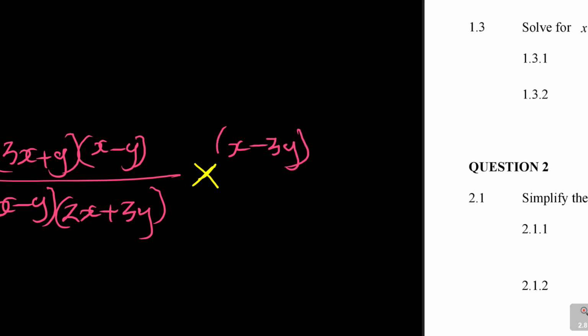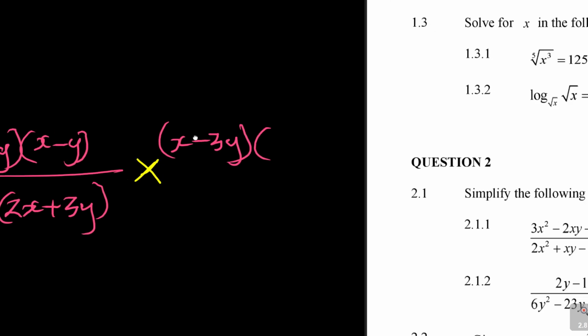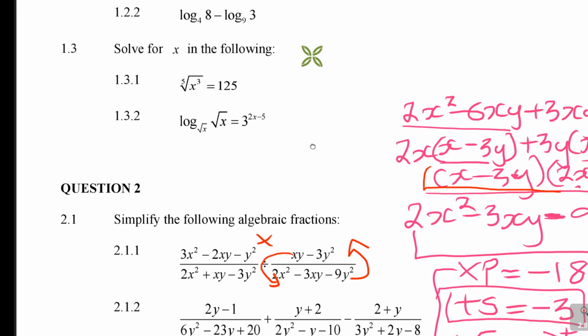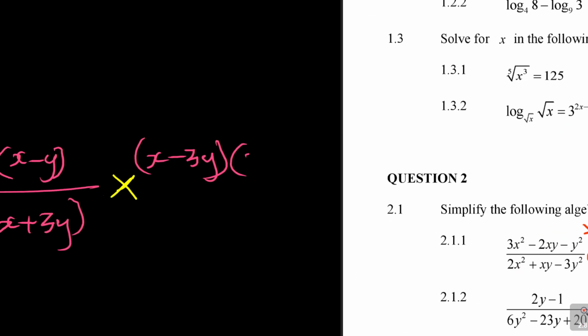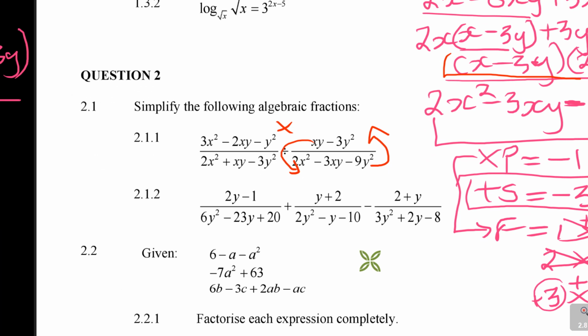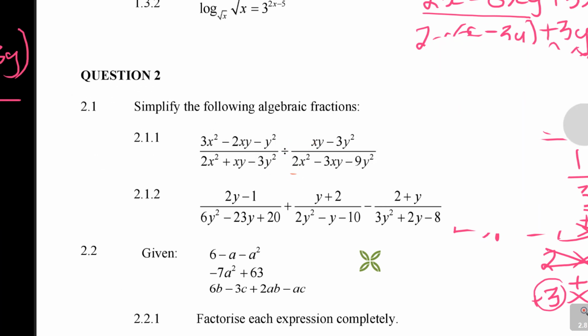I think it was like that. And the other one was what? It was 2x plus 3y. 2x plus 3y. Right? And then at the bottom, this one was not difficult to factorize. You can see that when we are factorizing here, it's just two items. It's xy minus 3y. Y is common there.